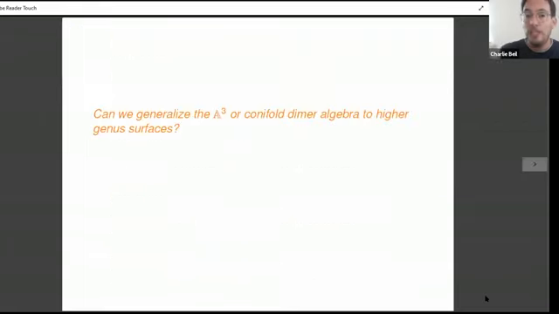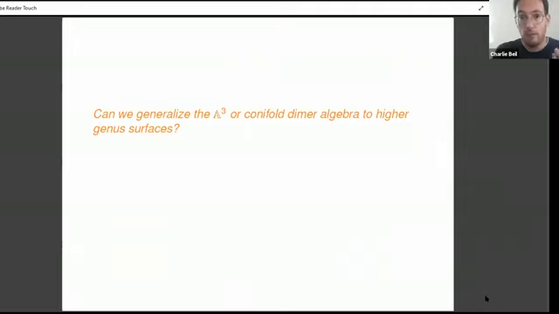Okay, can we generalize the A3 or conifold dimer algebras to higher genus surfaces? Today we've looked at these two: the first one was just one vertex and three loops, and the second one was the conifold dimer algebra. Can we generalize these to higher genus surfaces?